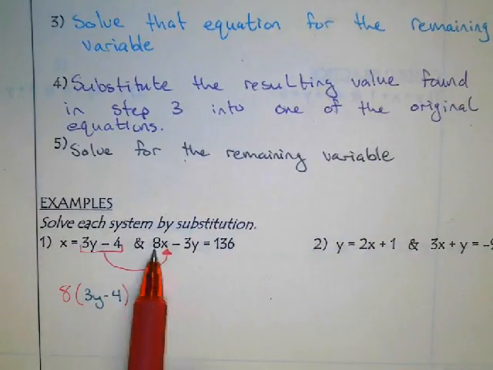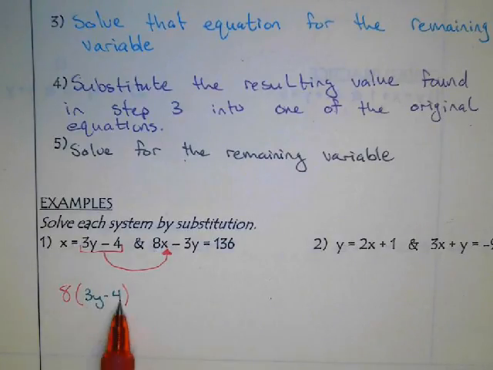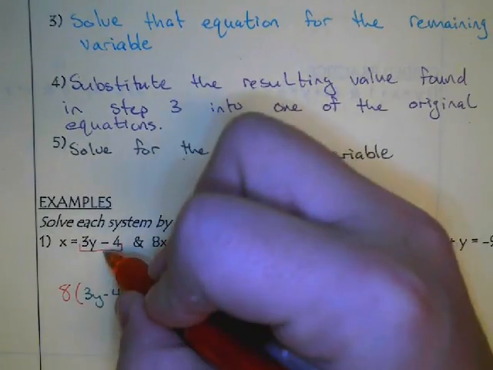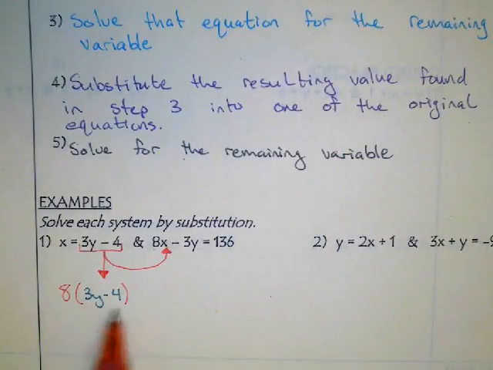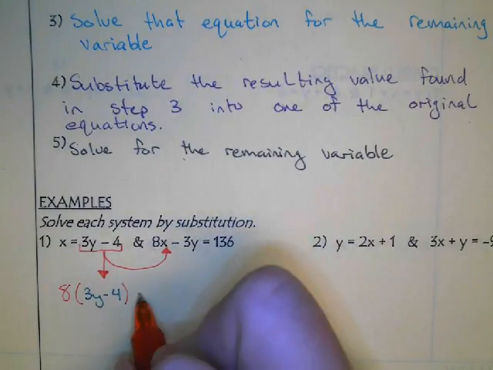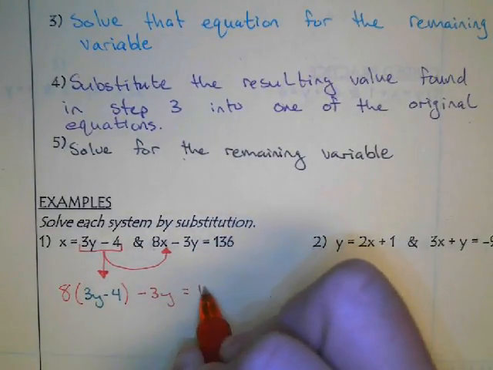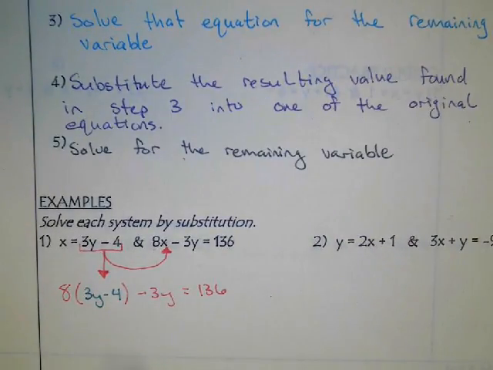So I put 8 times x. Well, x is equal to that 3y minus 4. So there's that 3y minus 4 right there. The x is just being replaced by that 3y minus 4. And then I just rewrite the rest of this equation. Minus 3y equals 136. So now by doing this, I've turned two equations with two variables into one equation with one variable. And this we can solve.